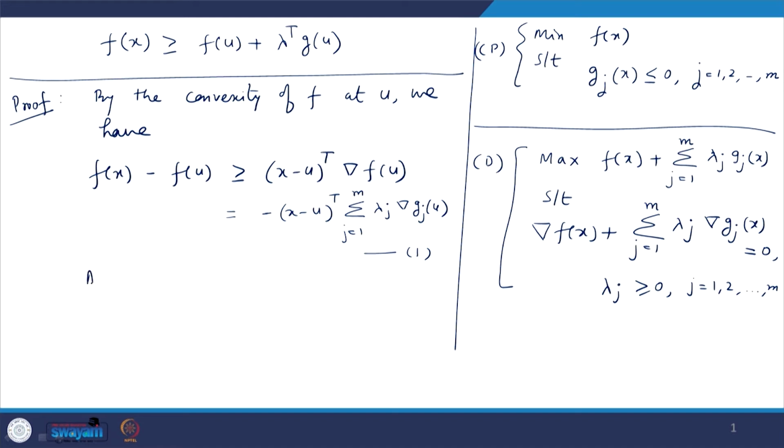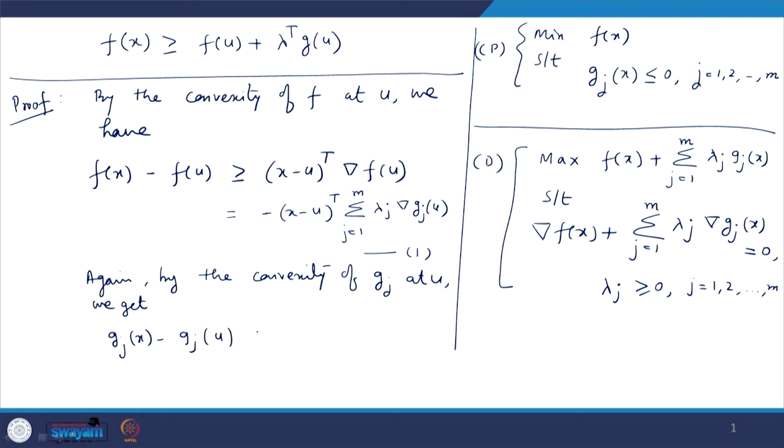So, again by the convexity of g_j at u, we get g_j(x) minus g_j(u) greater than or equal to (x minus u) whole transpose gradient of g_j(u).